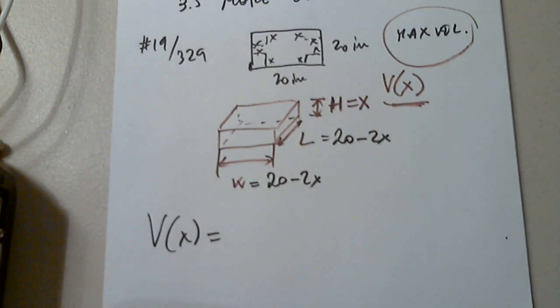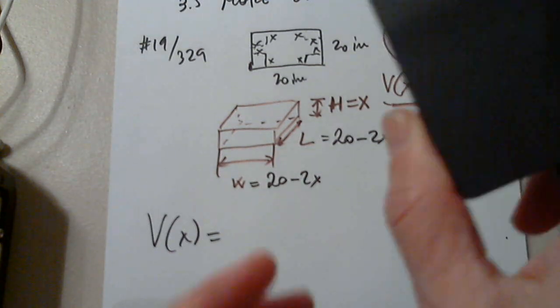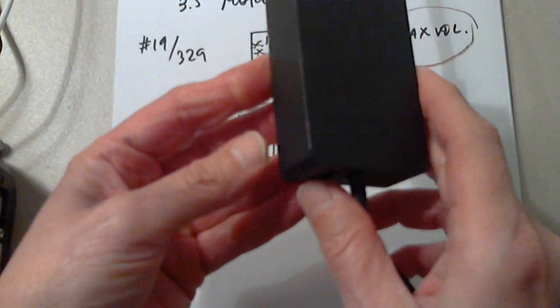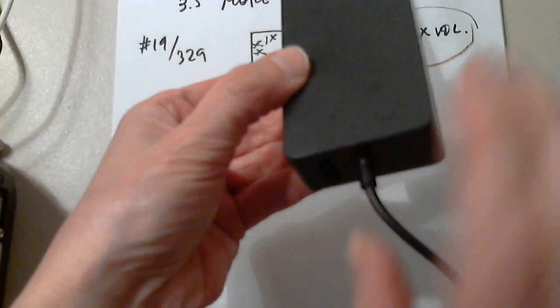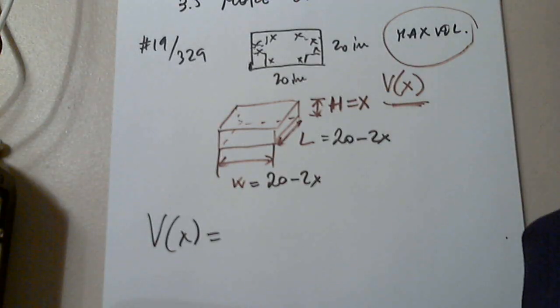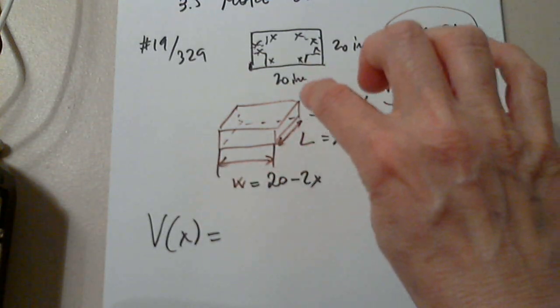What is the volume of a box? What is the formula for the volume of a rectangular box? Anyone remembers? So here is a rectangular box. It's length times width times height.